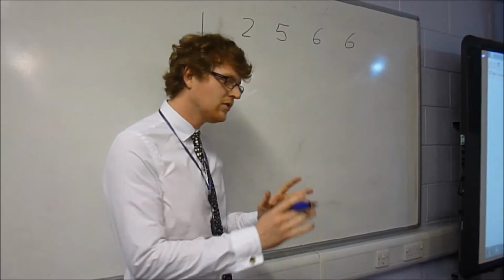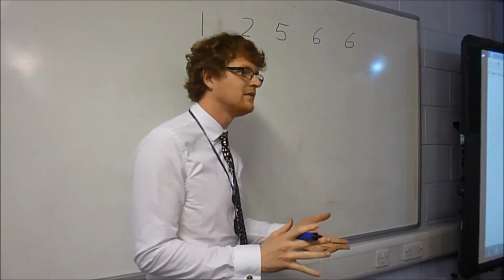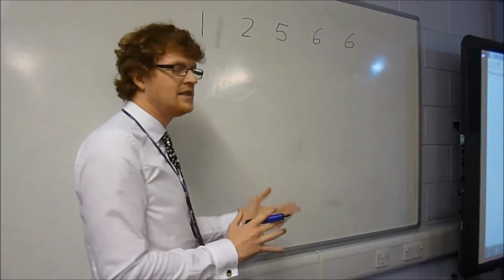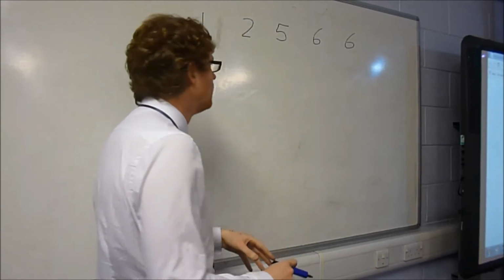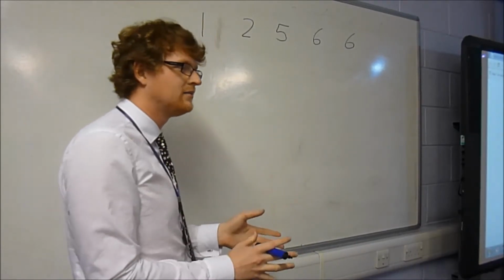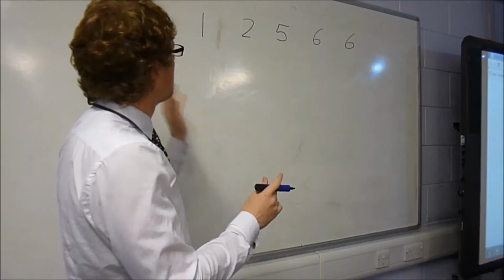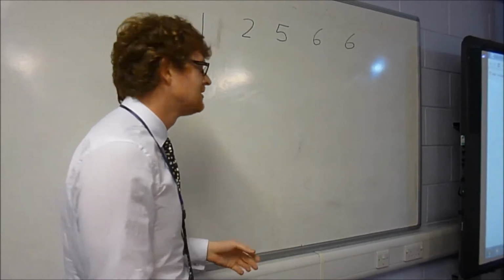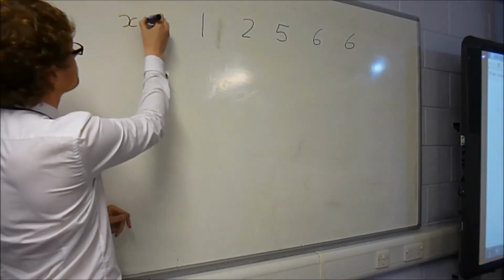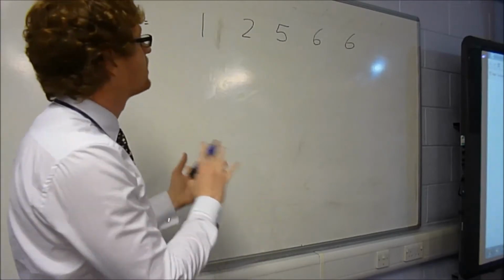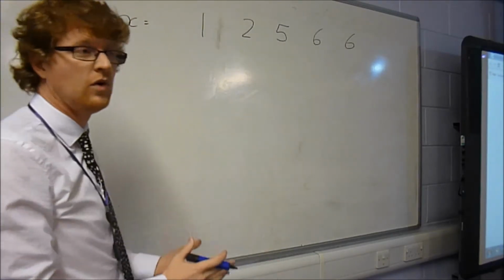Right, okay, so we've been looking at spread, and we looked at interquartile range, and that was great, but we're going to have a look at something else now. This is a set of data, it doesn't matter what it is, and these are our x values. First of all, we're going to find the mean.